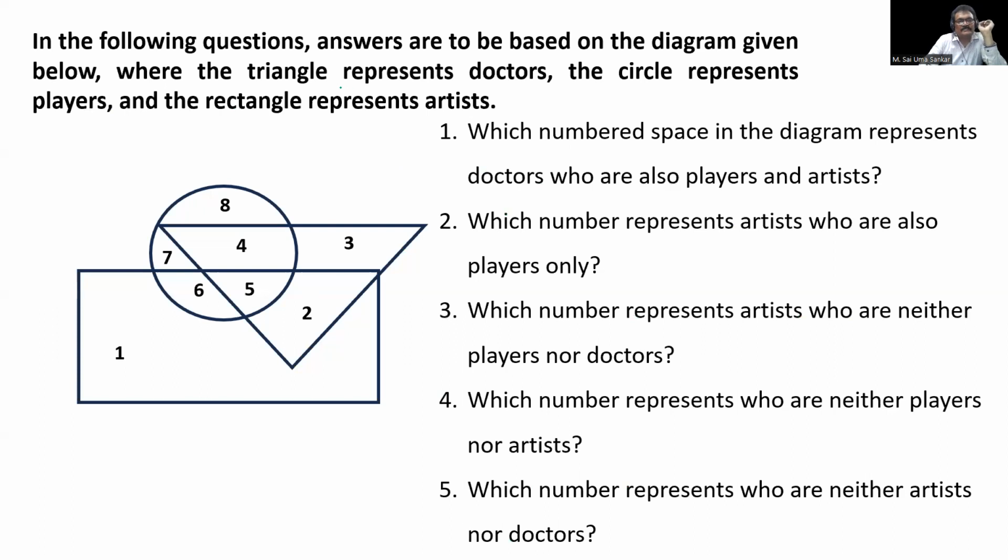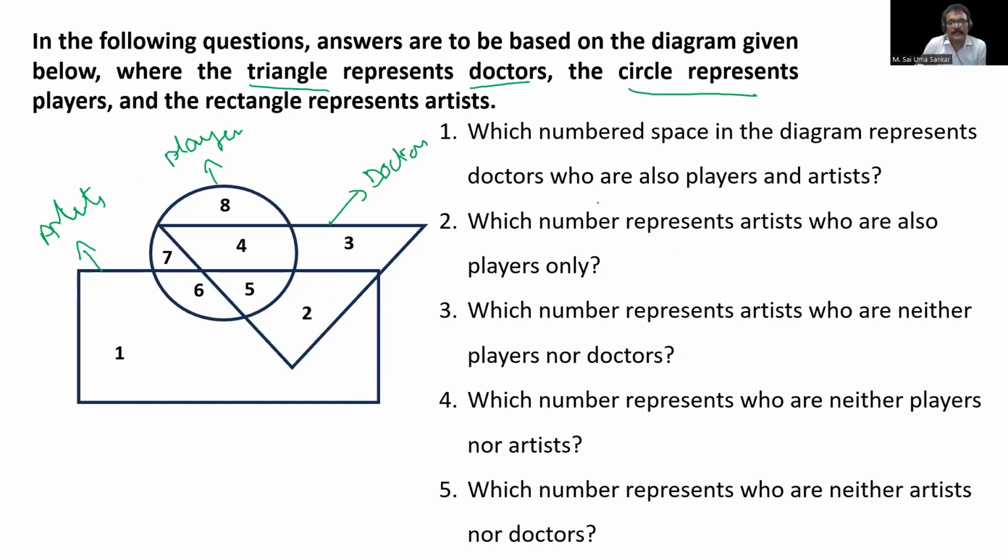in the following questions, answers are to be based on the diagram given below, where the triangle represents doctors, the circle represents players, and the rectangle represents artists. Okay, triangle represents doctors, circle represents players, and rectangle represents artists. Now, let us check.